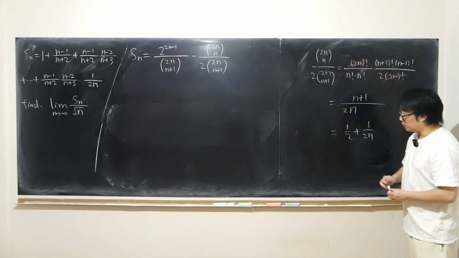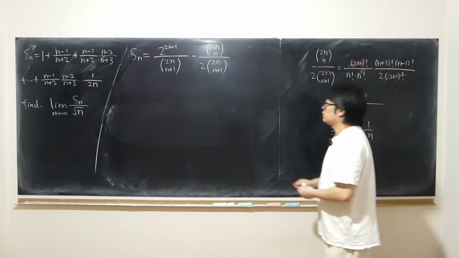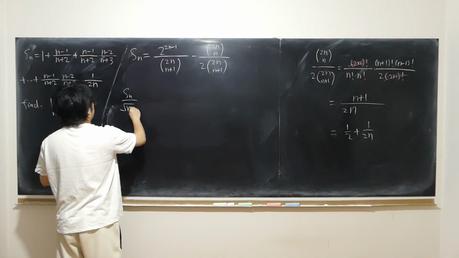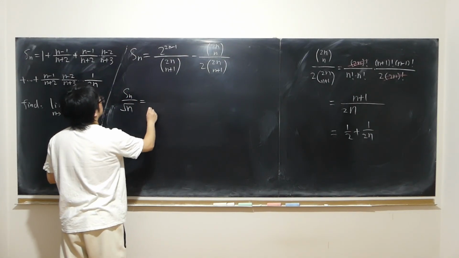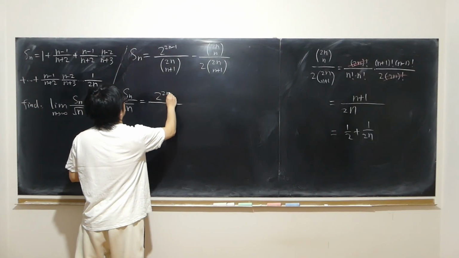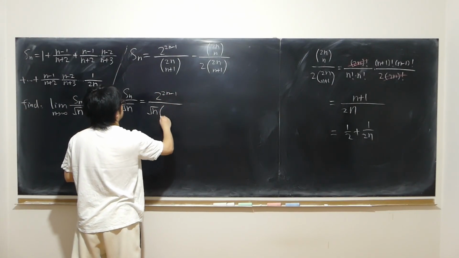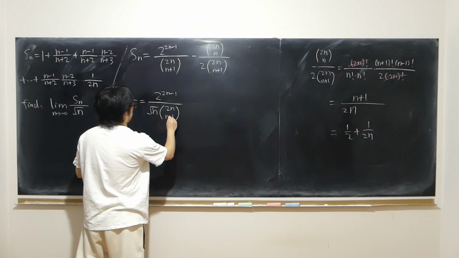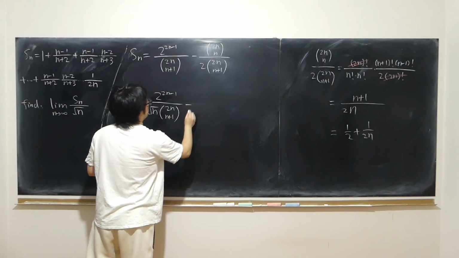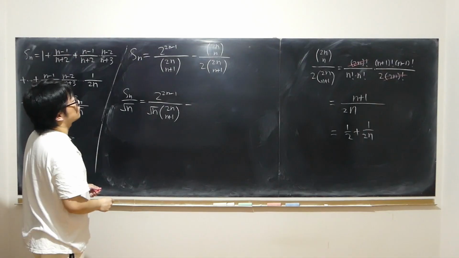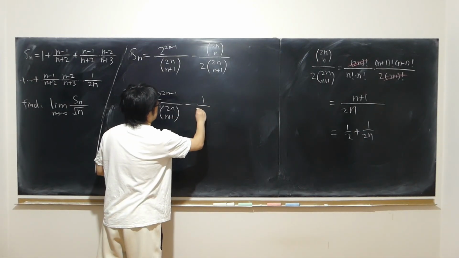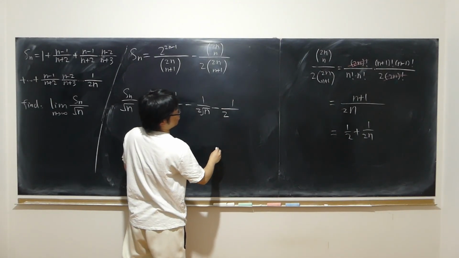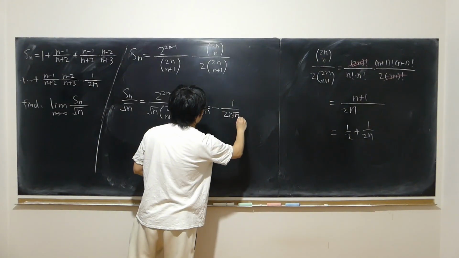Ultimately this doesn't matter, because in the end, what we're trying to find is the limit of Sn over square root of n. Once you do that, you have 2 to the 2n minus 1 over square root of n times 2n choose n plus 1, and you just minus 1 over 2 square root of n, minus 1 over 2n times square root of n.